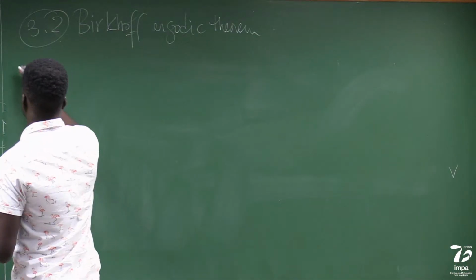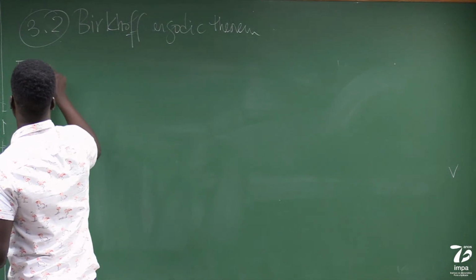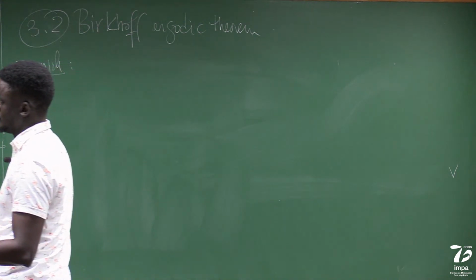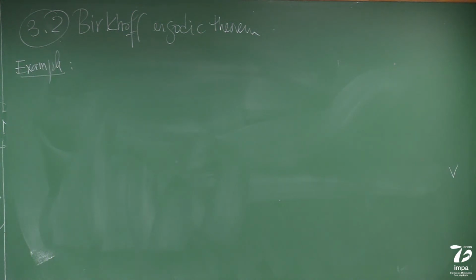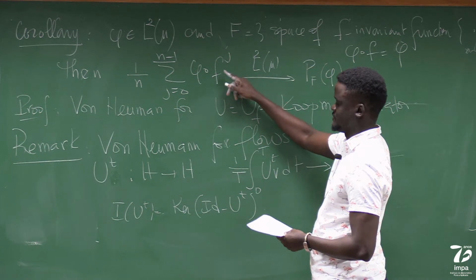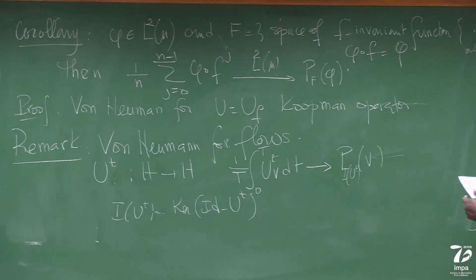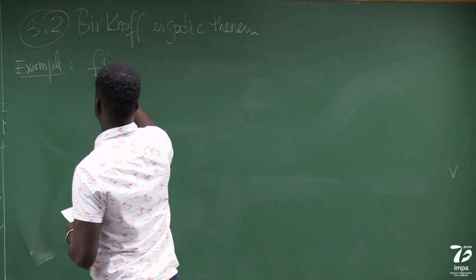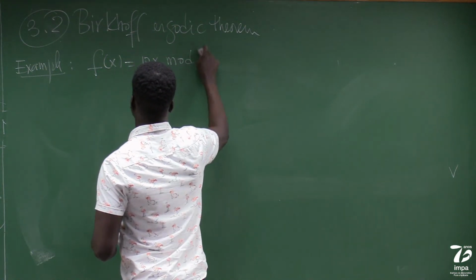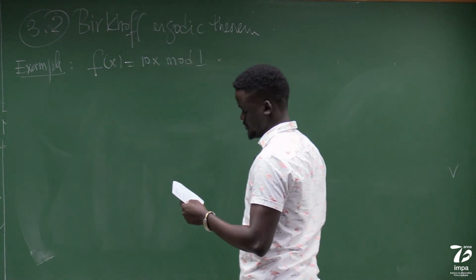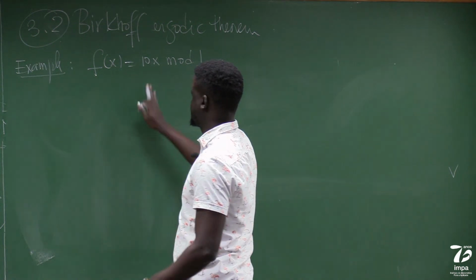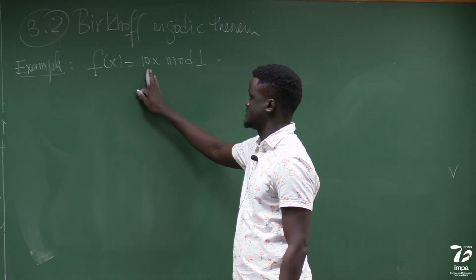So I will start with an example which just tells you that in general you don't hope to get convergence to the same limit for different points x, even for this simple decimal expansion, 10x mod 1. So this is just the decimal expansion, okay?